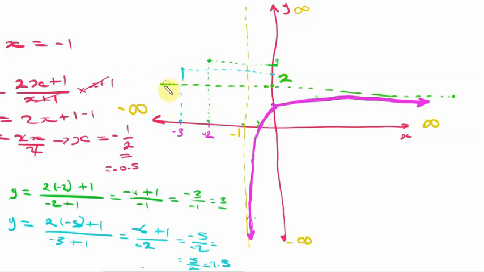So already from here you can say that the graph would go like that. So the graph will look something like that.